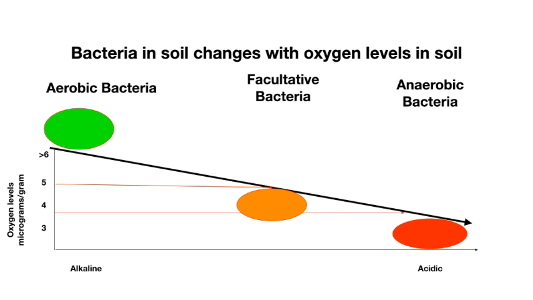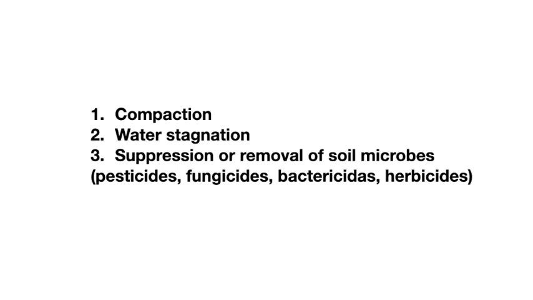We also spoke about seeing facultative bacteria under a microscope and how that indicates to us that conditions are becoming anaerobic, and what some of the drivers might be. We spoke of soil compaction, water stagnation, and the suppression or removal of beneficial soil microbes by using the cides: bactericides, pesticides, fungicides, insecticides.